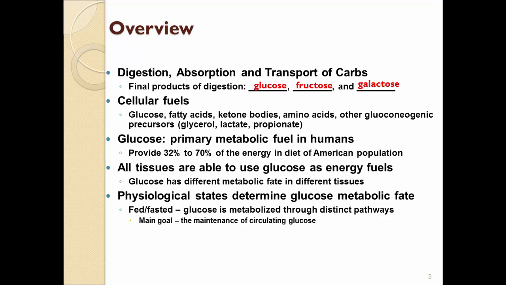The cells need energy for activities, and energy fuels. I think we mentioned earlier, right? In terms of the nutrient level, we know that carbohydrate, protein, and lipids can be utilized to make ATPs as energy.